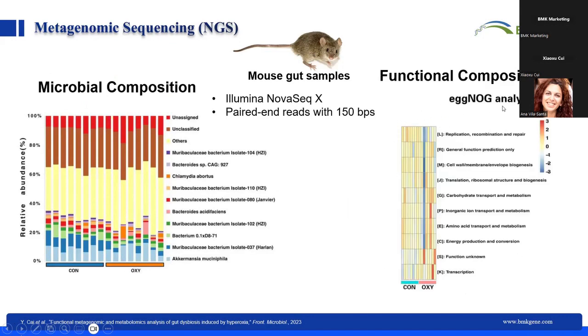So eggNOG is one of the databases that we use, but we use others such as Gene Ontology, KEGG, etc., so that we can find the biological functions that are enriched in one condition versus the other. In this case, the condition was normoxia versus hyperoxia, so exposure to different levels of oxygen.